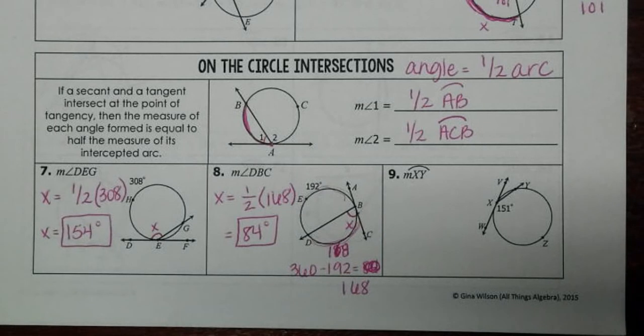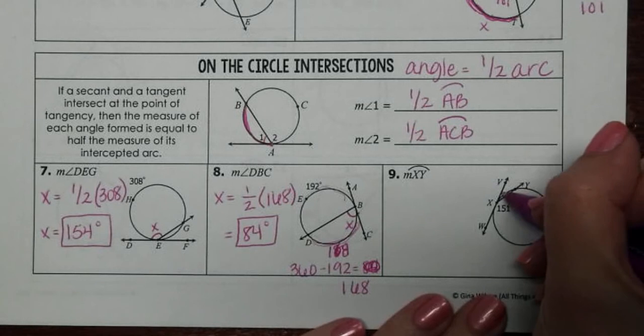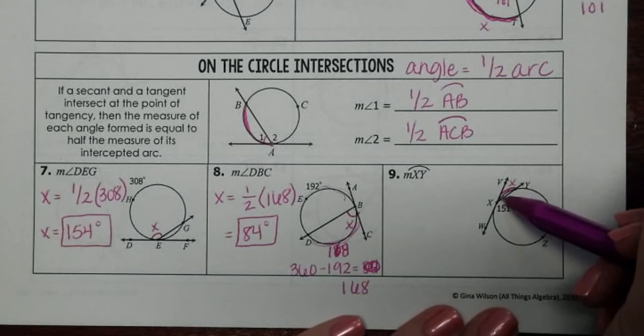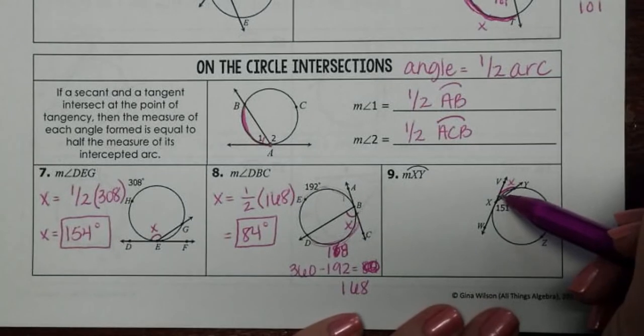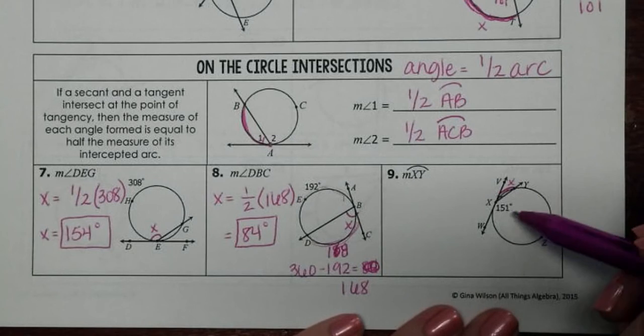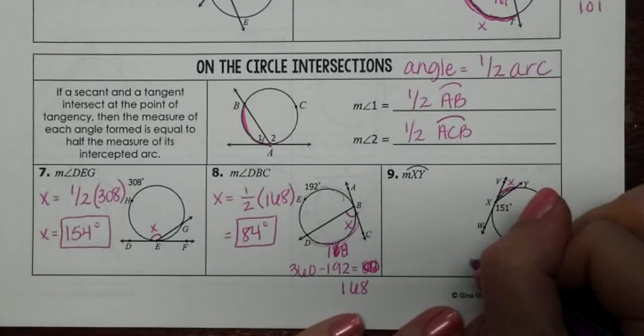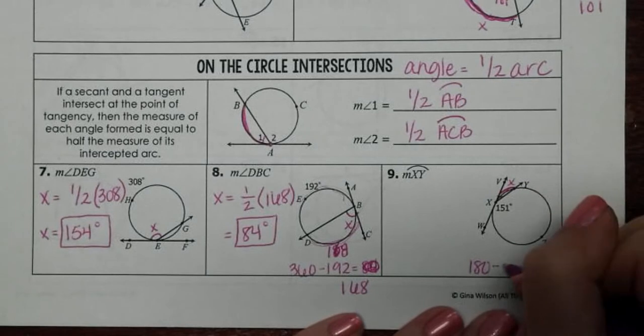Okay, so I'm looking for this arc XY. It's kind of hard to see in the picture, but I'm going to name it X. Now, I don't know the angle, and I need to start with the angle. I do know this angle, though, and it's a part of a straight line. So in order to find the angle that I need, I would take 180 and take away 151.